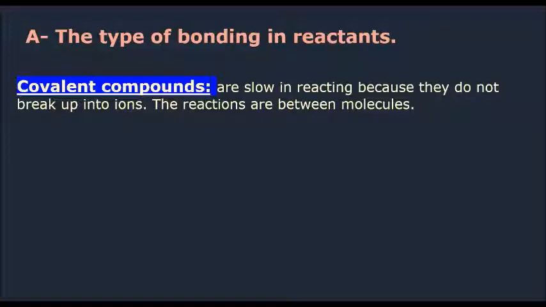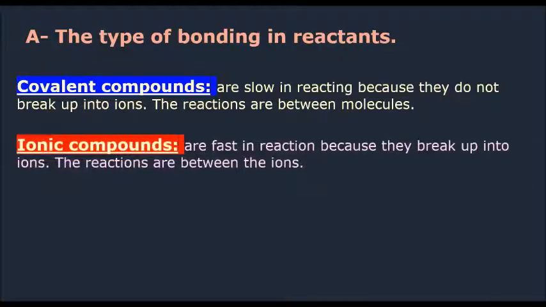When they are in a chemical reaction they take more time, or they are slow. Why? Because they don't break up into ions; the reaction is between molecules. So when I compare covalent and ionic compounds, I say that covalent compounds are slow, while ionic compounds react fast.